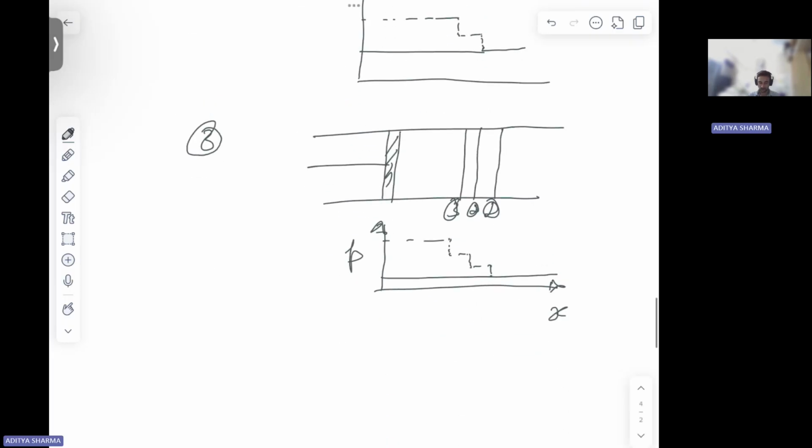The same is true for the third compression wave and so on. Eventually these compression waves coalesce at some point and give rise to one single wave, that is your shock wave. So this is how we can model a shock wave.